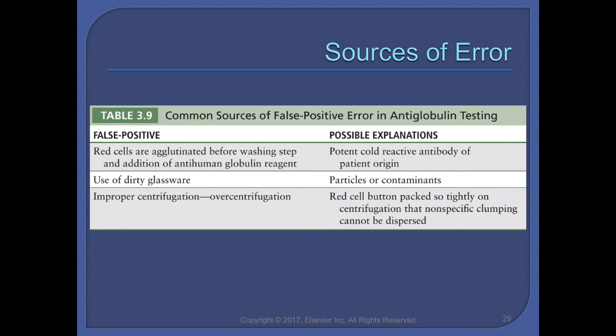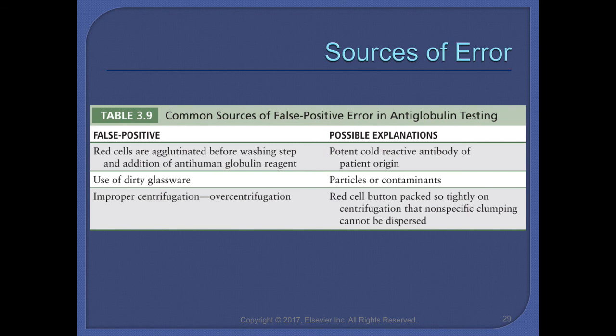So you may get a false positive if red cells are agglutinated before the washing step, in addition of anti-human globulin reagent. Some possible explanations for that are potent cold reactive antibodies that have patient origin.